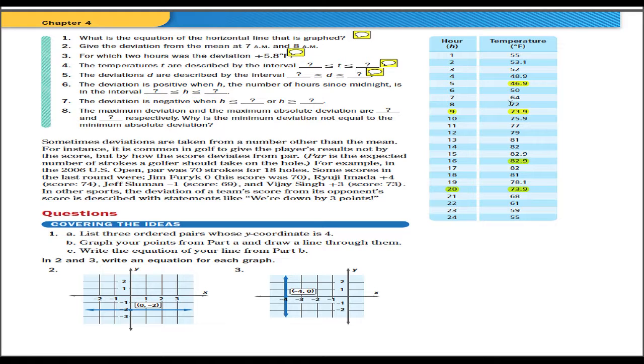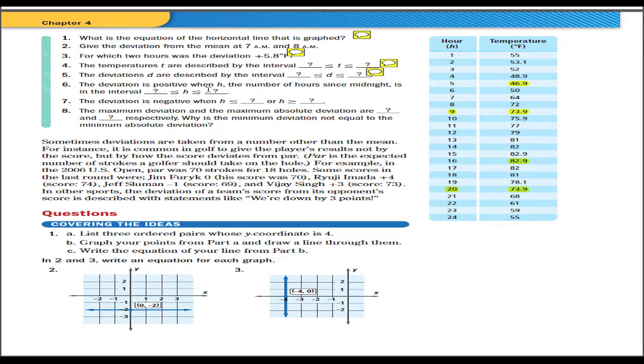So the deviation is positive when h is from 8 o'clock, and that goes on until 8 p.m. So 8 a.m. to 8 p.m., or 8 in the morning to 2000 hours in the evening. At 2100 hours, 68 is below 68.1 and therefore falls into the negative deviation. So here this would be 8 to 20.